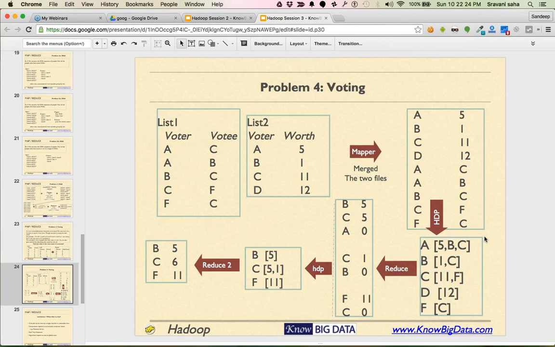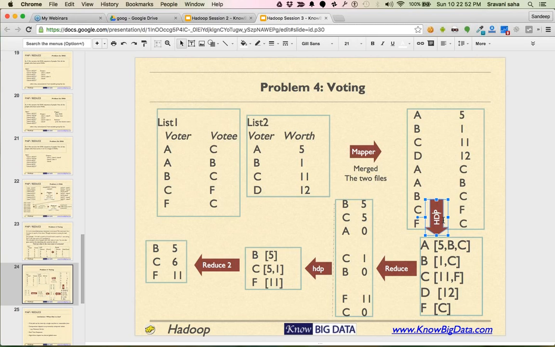If you look at it closely, when this data is getting merged, all the worth and the votees of a particular voter will come together. A, whose worth is 5, has voted for B and C. This is the first phase of Hadoop.